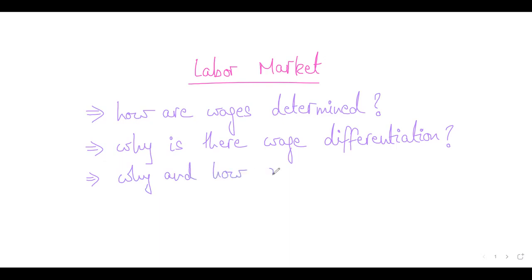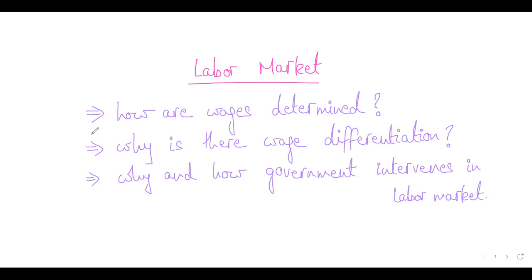We'll talk about all the policies that government makes around the labor market, which includes minimum wage legislation and a couple of other things that you must have heard. Is this simple? Okay, now let's get started.